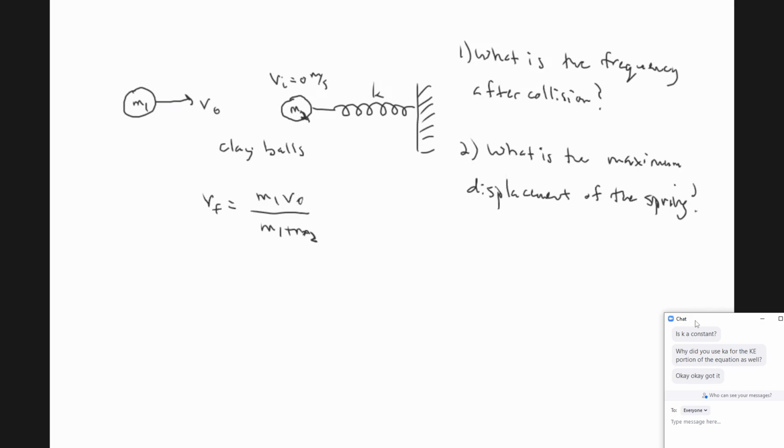So what is the frequency after collision? What is the maximum displacement of the spring? We talked about frequency already, and we know that when they're made of clay, they will collide and stick with each other. For some reason, the MCAT doesn't deem collisions necessary anymore, but you think about it, collisions are how chemical reactions happen.